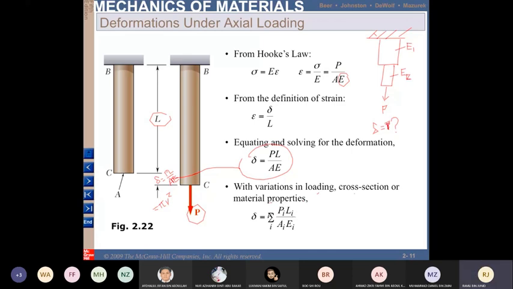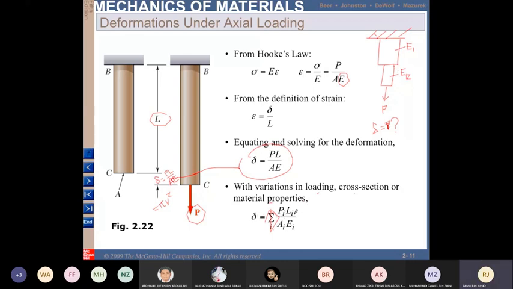This is the symbol of the total summation. I is the number of cross sections or number of variations in loading. For this case you have I equal to 2.